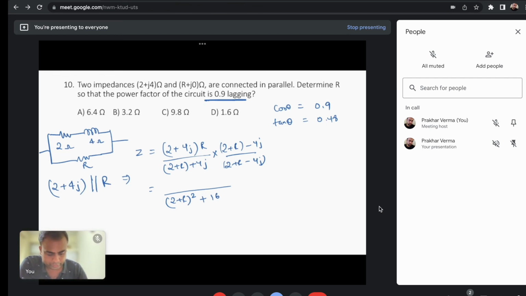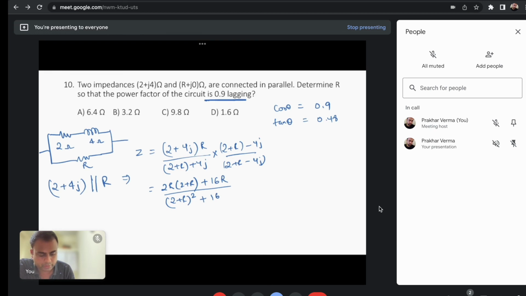In the numerator part we have 2R multiplied by 2 plus R, and again the j into j part will be a real number, so plus 4 into 4, 16R.